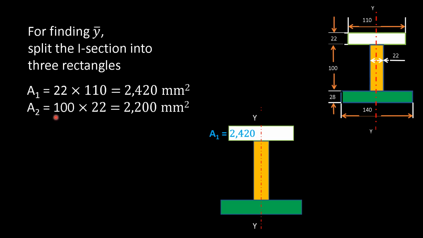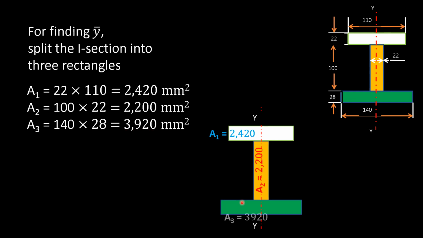A2 equals 100 multiplied by 22, which is 2200 mm square. A3 is 140 multiplied by 28, which is 3920 mm square. Area of the bottom rectangle.